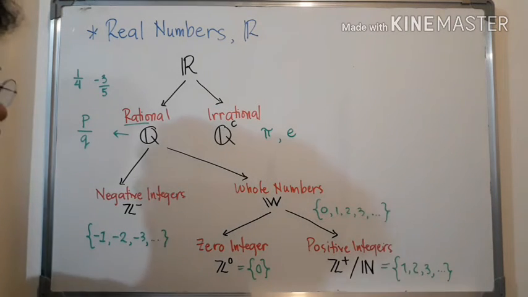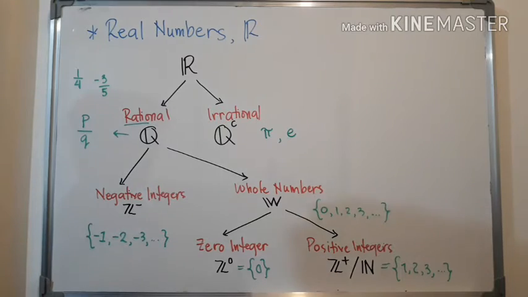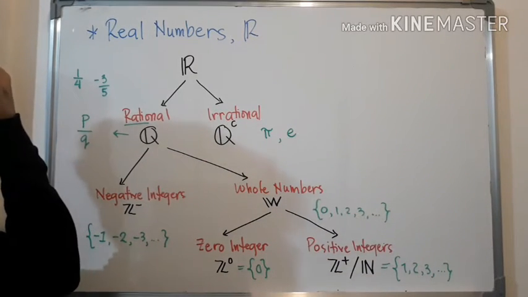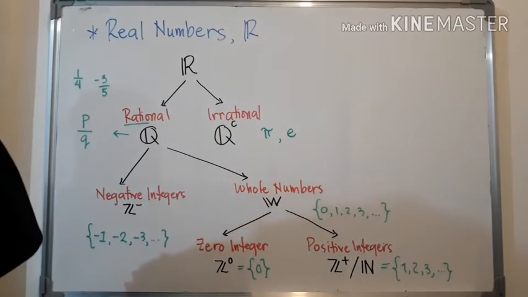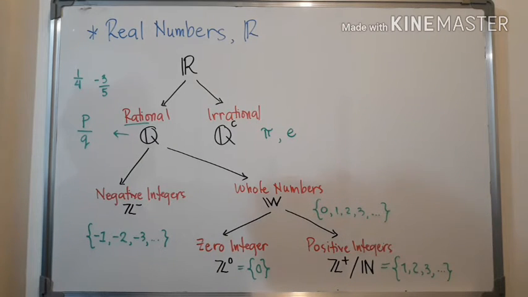So when we count, say for example, we want to count the number of members in a certain household, we start with 1. We do not start the counting with 0. So that's it with the real numbers.